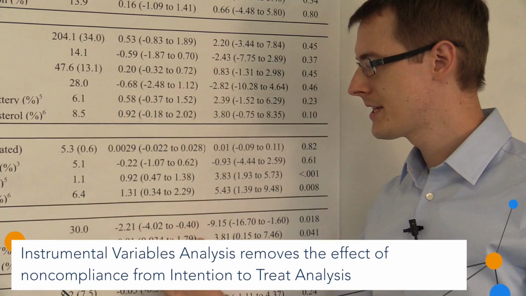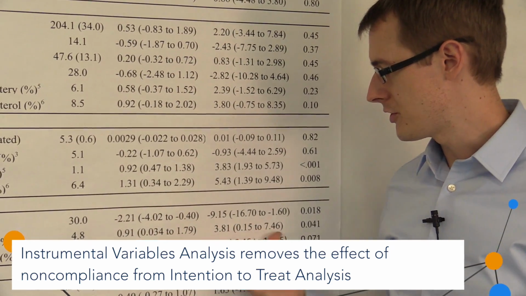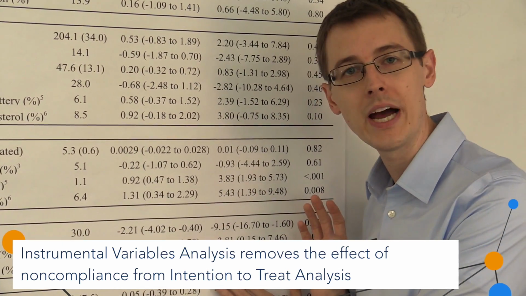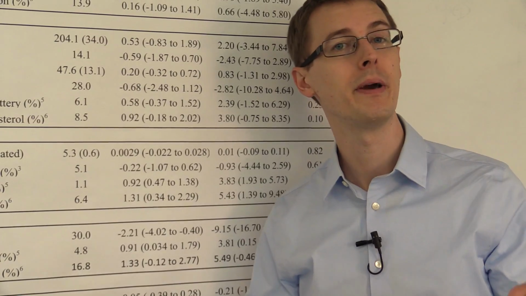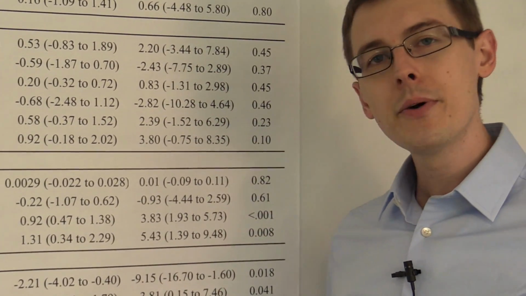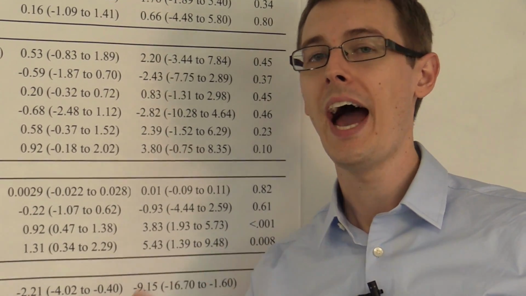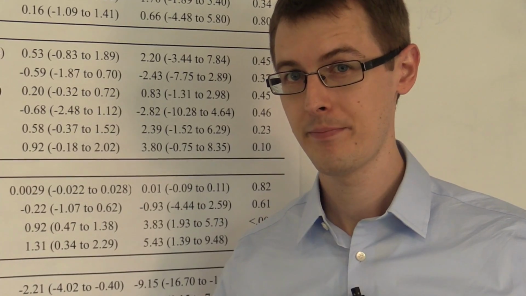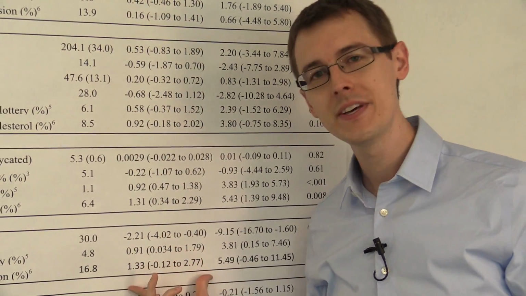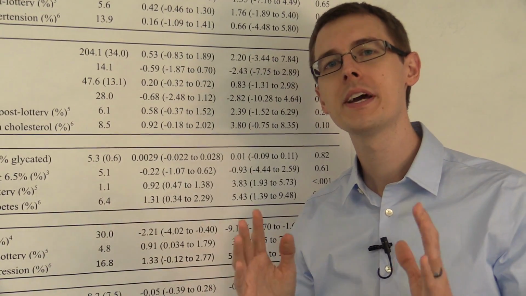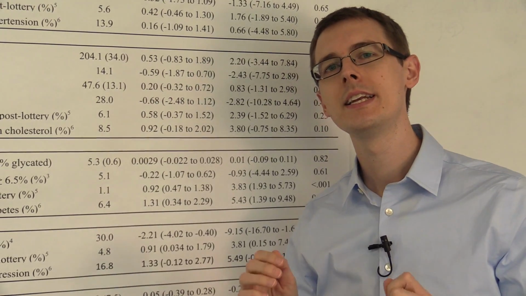Now another way to think about this difference in magnitude is to remember how the indirect inference estimator works. Now that's not how we got these numbers, but the intuition is going to be basically the same. So the indirect inference estimator starts by looking at the correlation between the outcome variable and the instrument. Well, that's actually exactly what this column here shows us, the intention to treat analysis. Why is that? Well, because when we're analyzing non-compliance in experiments, our instrument is the treatment assignment variable.